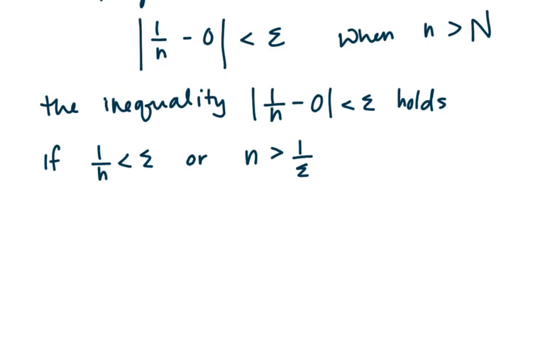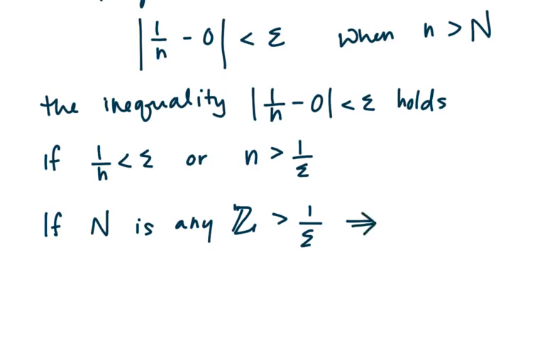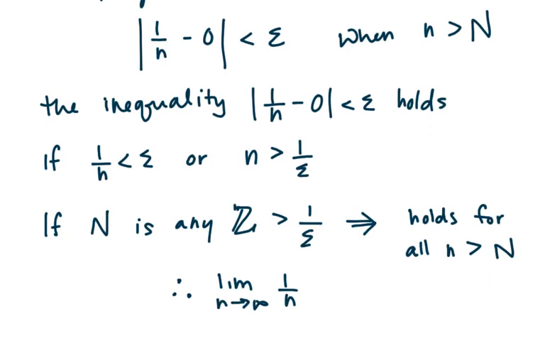So if capital N is any integer which is greater than 1 over epsilon, then this holds, or is true, for all indices which are bigger than that specified value of N. Therefore, the limit as n goes to infinity of 1 over n is 0, because we satisfied the definition.